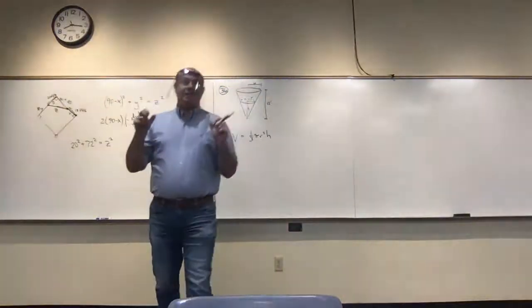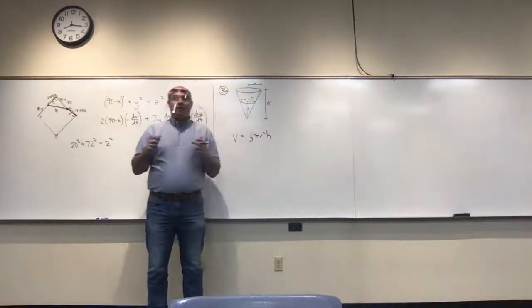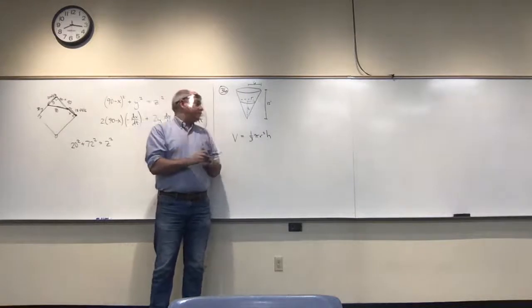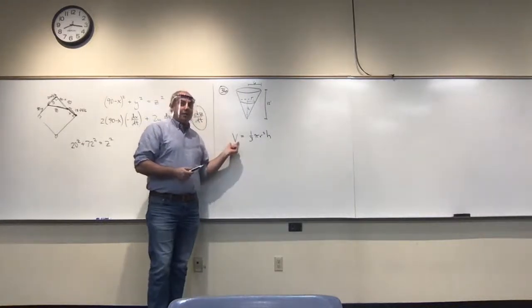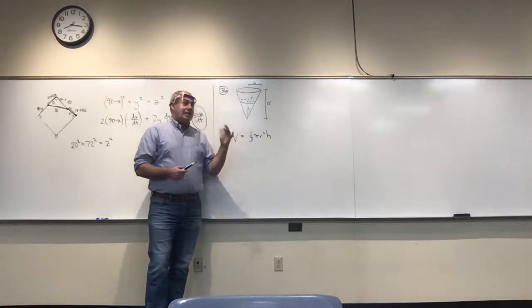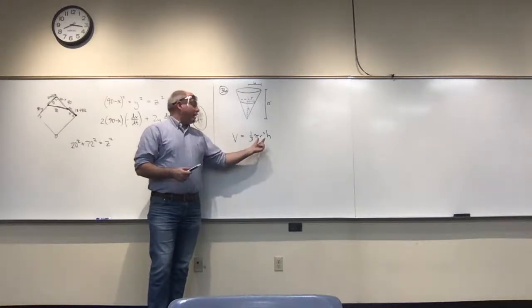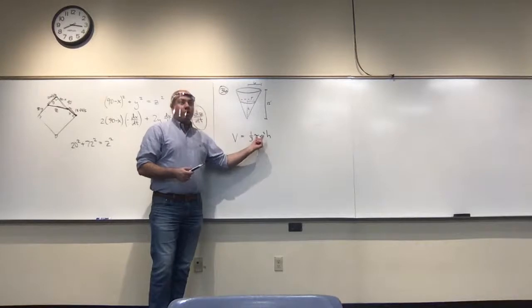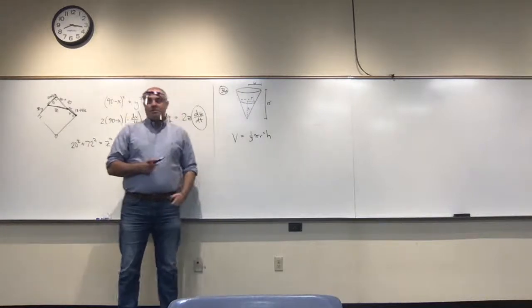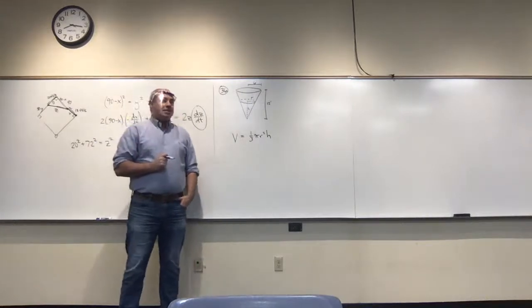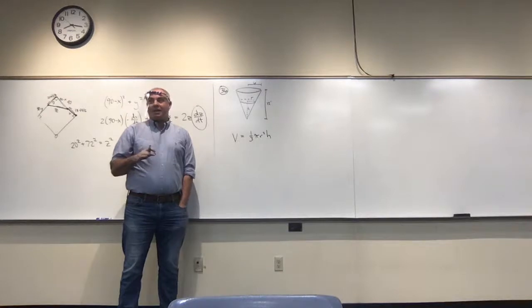Being drained, what's changing? The volume. So that 2 is a change in volume. So that's my dV/dt. I'd also need to know what dr/dt is. Do I know that? It doesn't tell me anything about that in the book.